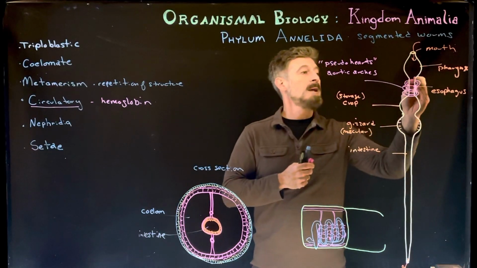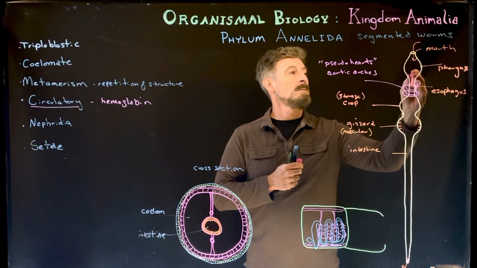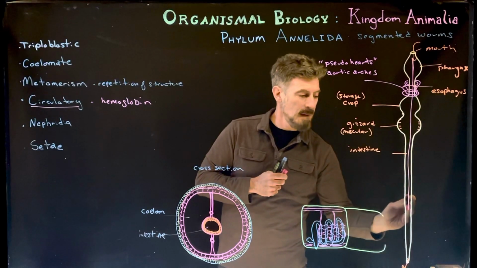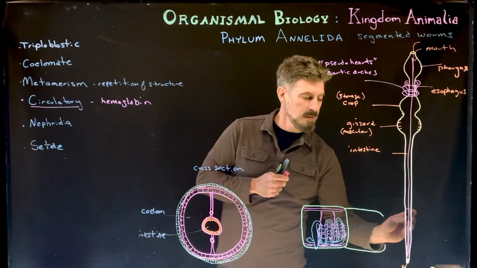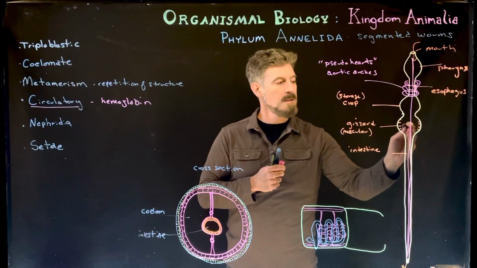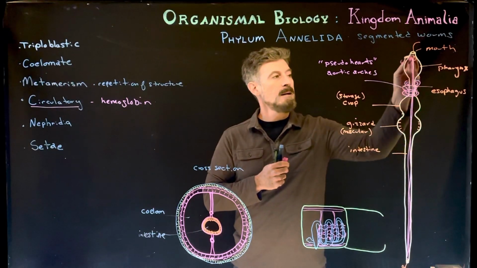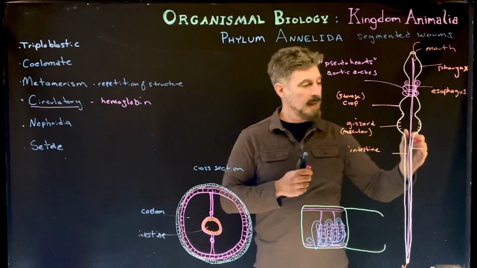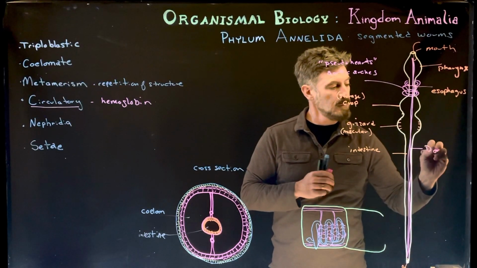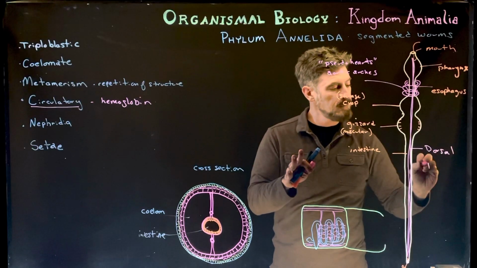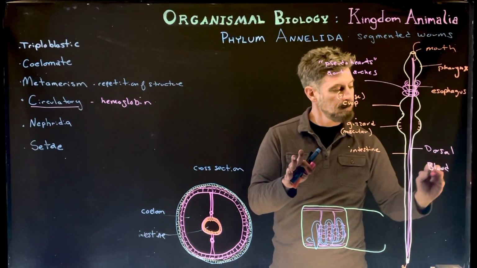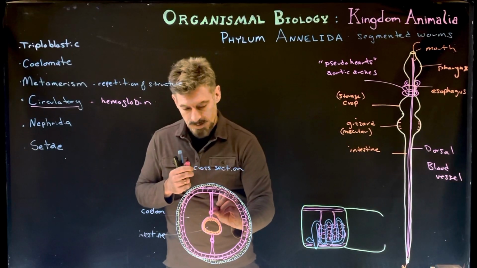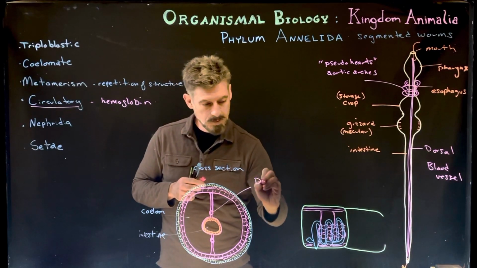Now the animal's going to have, running to the anterior right along the top, a pretty obvious structure if you do the dissection. There's going to be a back or dorsal blood vessel, which would be represented here.